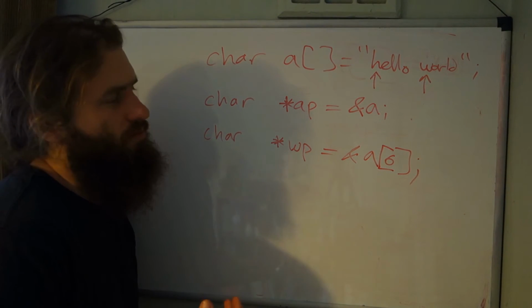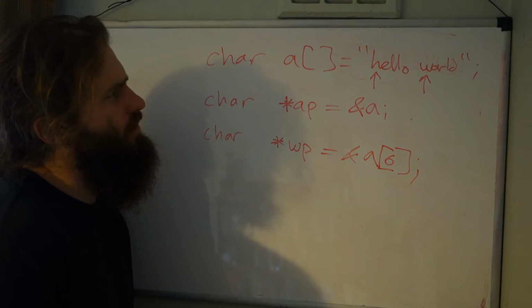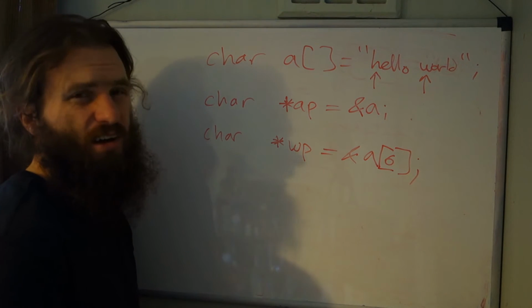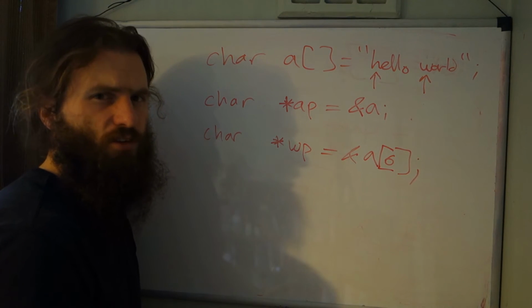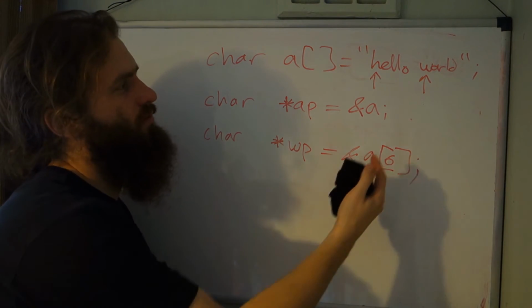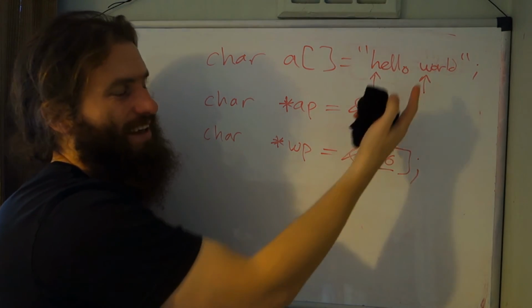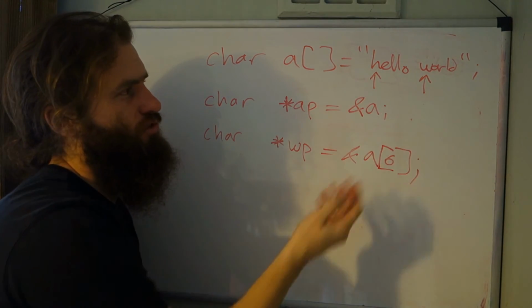A lot of functions that we're going to call from some of the standard libraries will be manipulating character arrays like this. They'll be taking indexes into arrays. For example, there's a function strchr, which will look for the first occurrence of a particular character, and it will return the index into the character array.